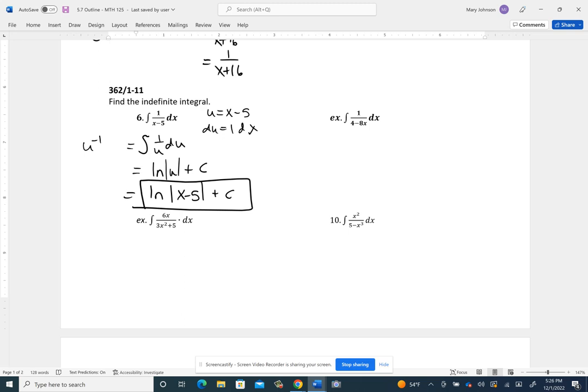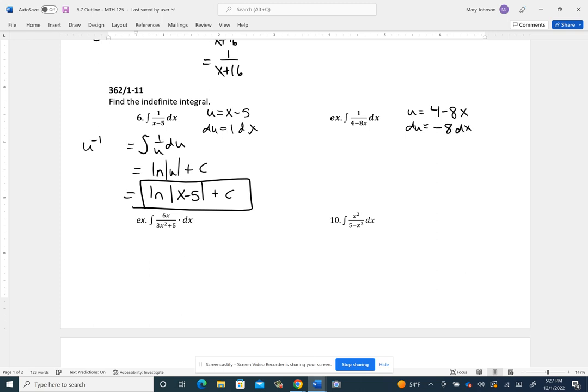Okay, right? This is pretty much just like it. To the right is pretty much just like it. It's just that here we're going to have an issue with a constant, because that inside function of 4 minus 8x winds up having a derivative equal to negative 8.